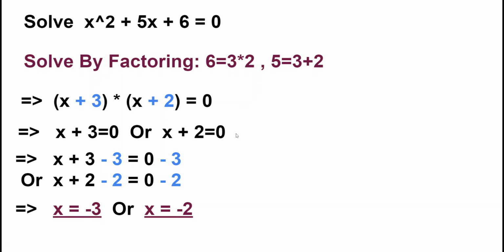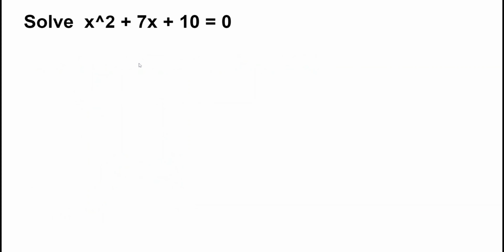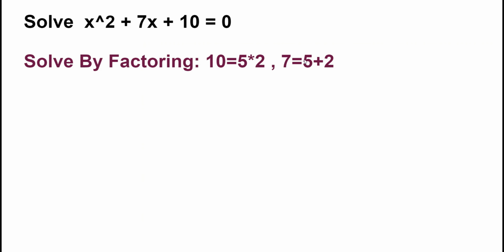Easy. So let's go for the second one. Solve x squared plus 7x plus 10 equals 0. Which two numbers multiply to give us 10 and add to give us 7? 5 times 2 equals 10 and 5 plus 2 equals 7. So 5 and 2 are our numbers.